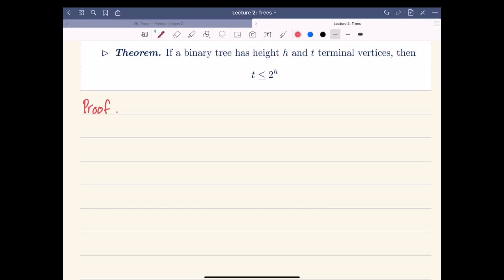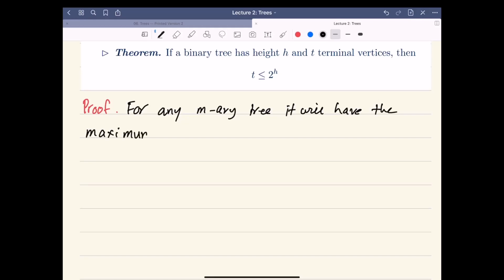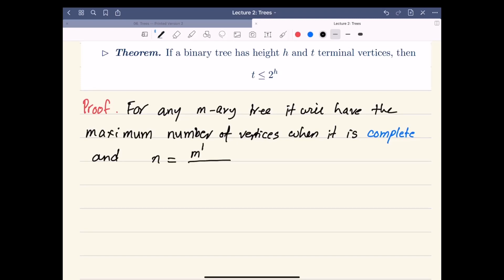So for any M-ary tree, it will have the maximum number of vertices when it is complete, and n is equal to m to the power h plus 1 minus 1 over m minus 1.